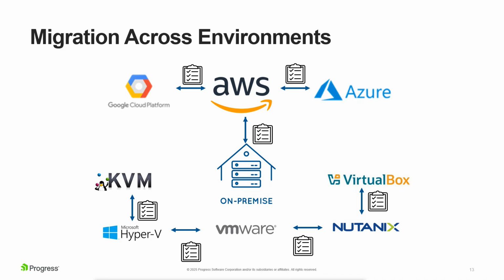Because again, you can't just pick up a server from one hypervisor and drop it on another, or from a cloud to a hypervisor and vice versa. So it allows you to move systems where you want, when you want, and do it with confidence with that tested code that's created in those blueprints.